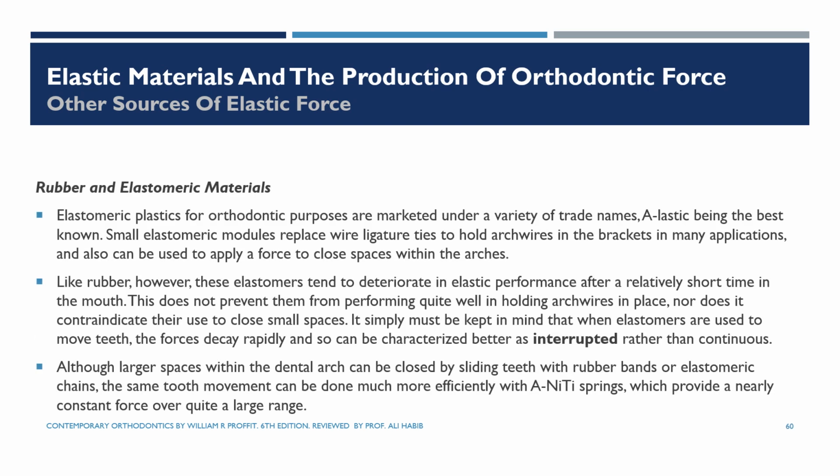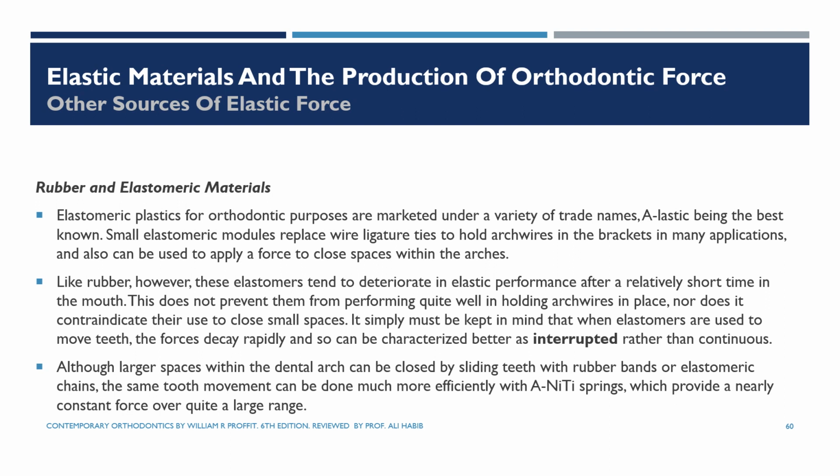Elastomeric plastics that are used for orthodontic purposes include the elastic power chain, the O-rings, the elastomeric ties that we use, or elastomeric modules on the brackets to tie wires, and they can also be used as inter-arch elastics. Unfortunately, like rubber, although stronger than rubbers in losing elasticity, these elastomerics deteriorate after a relatively short period of time.